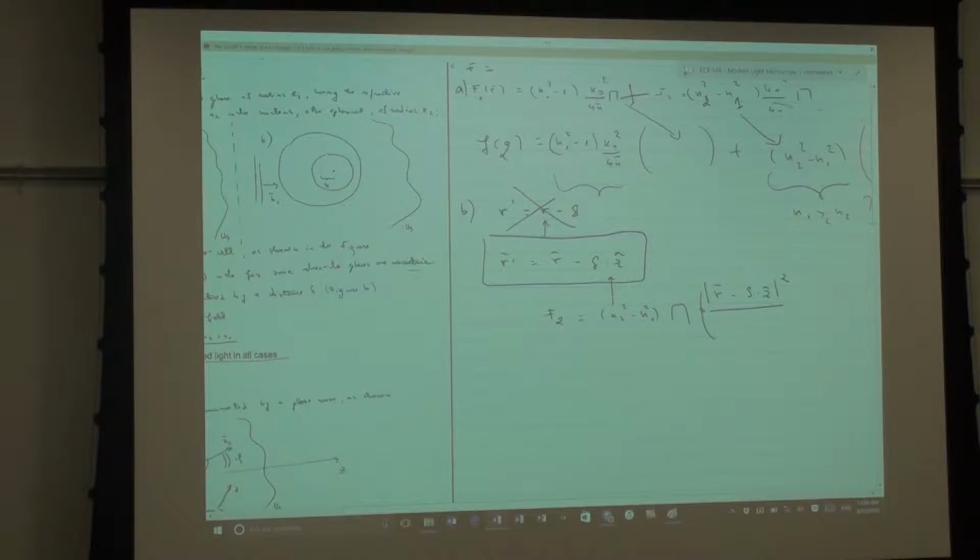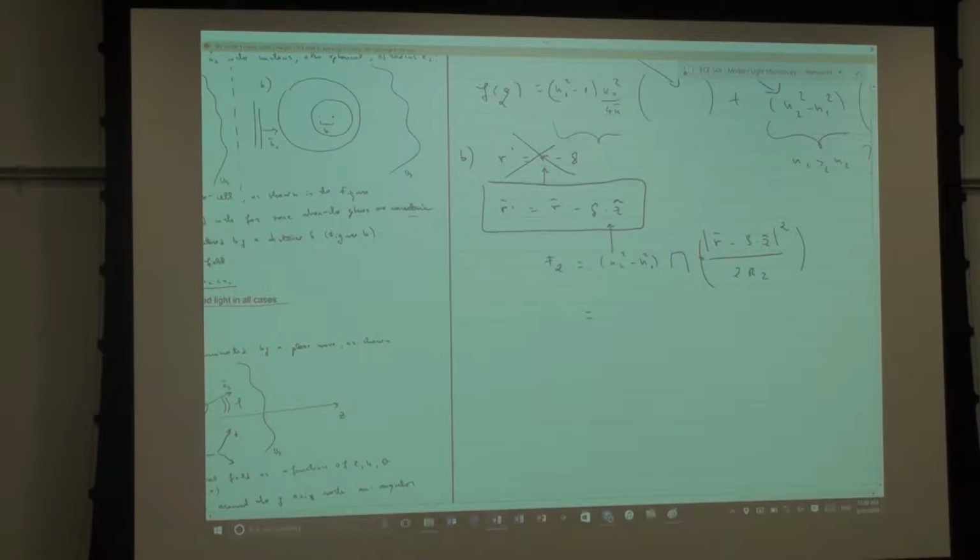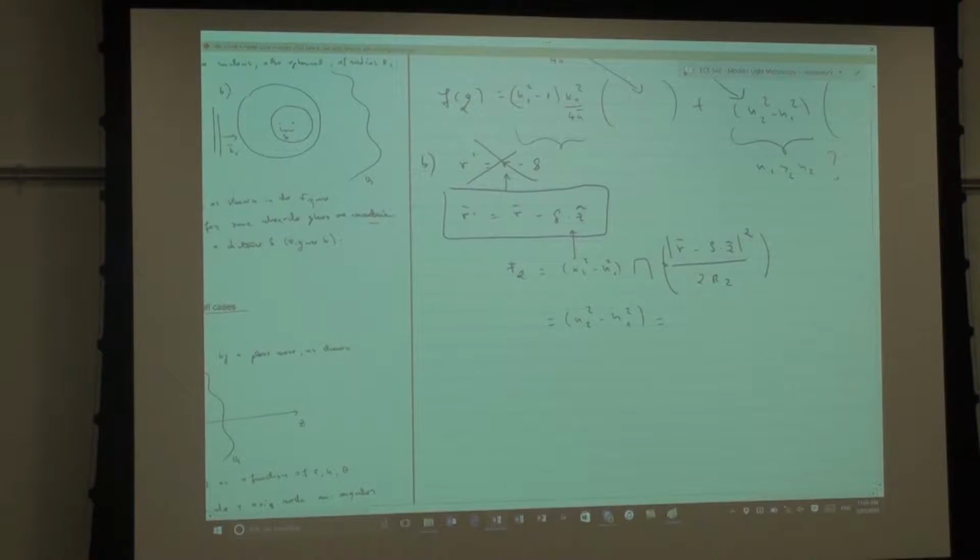Okay, so this is rectangle over 2R2. Right? So the difference with respect to the unshifted case is that now your sphere is basically shifted at the new coordinate. That's all that says, right? So it's going to be times, x squared plus y squared plus z minus delta, everything squared over 2R2.